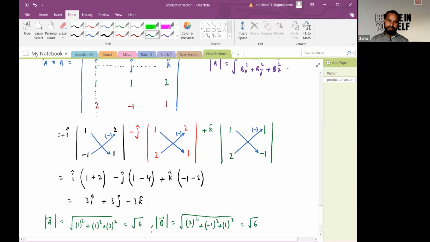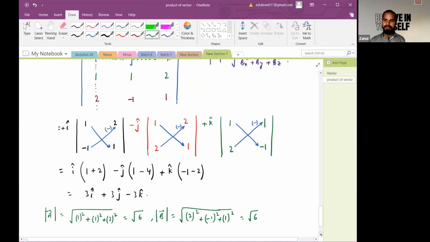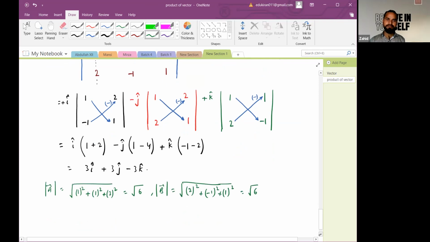Now, if you put these two terms, you have to define another relation.